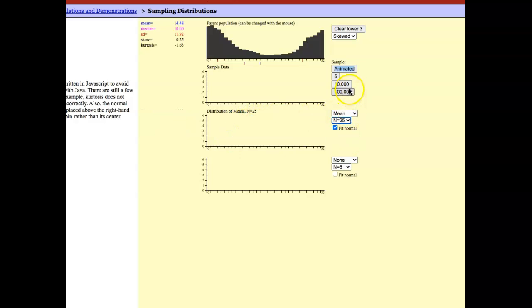What about 25? Oh, this is going to take a long time. I shouldn't have animated this one. There we go. Do it 10,000 times. Okay, now it's really normal for the sampling distribution.